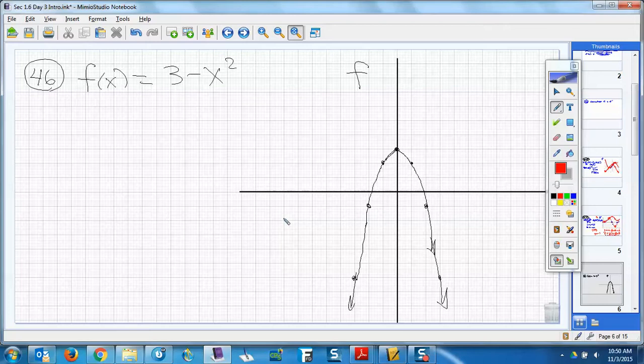How many roots does F prime have? Where is F prime 0? Which is right there at x. So how many does it have? It has 1. Where is it? X equals 0. That's the only time the slope of F is 0. Okay? Where is F prime positive?